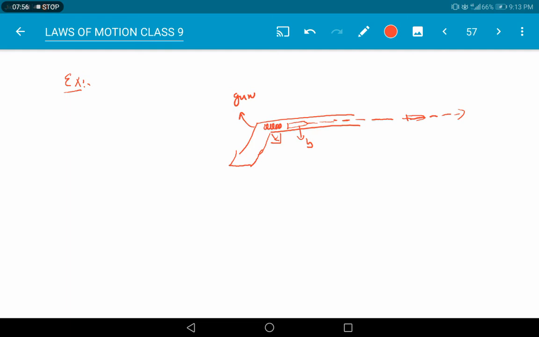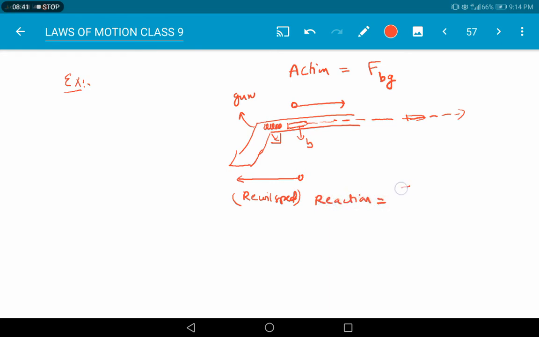At the same instant of time, the gun moves in the backward direction. This is known as recoil of the gun. That means the backward motion of the gun after releasing the bullet is known as recoil motion. So here again there are two phenomena, action and reaction. What is action? Action is the force exerted on the bullet due to the gun. And what is reaction?